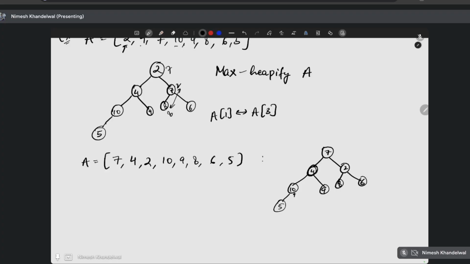So yeah, this will be 8 here, 2 here. Then we will come to 4. Then we will get 4 here, 10 here, and then we start here. So 5 here, 4 here.